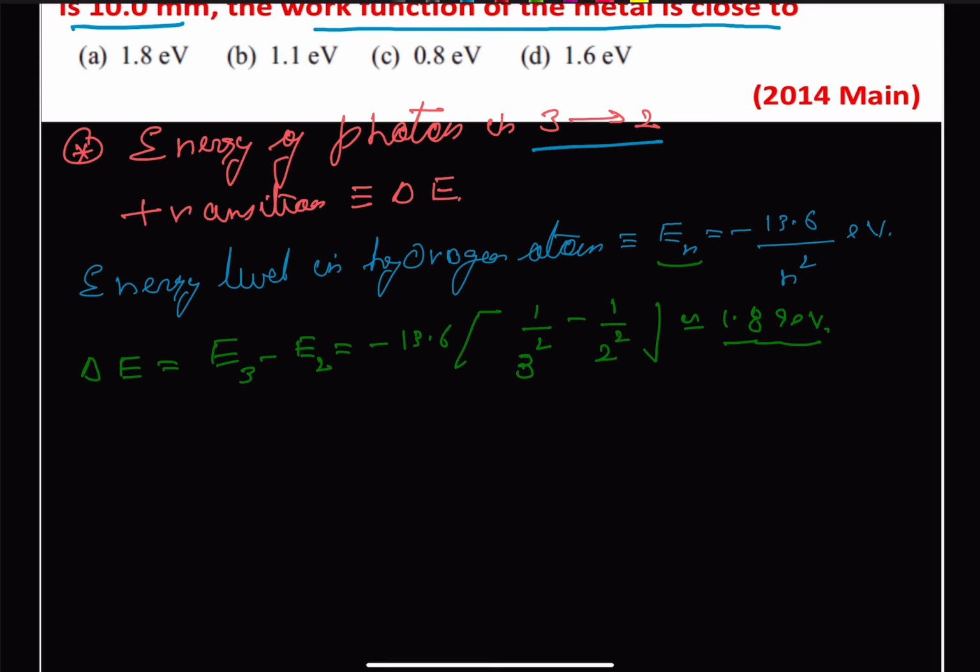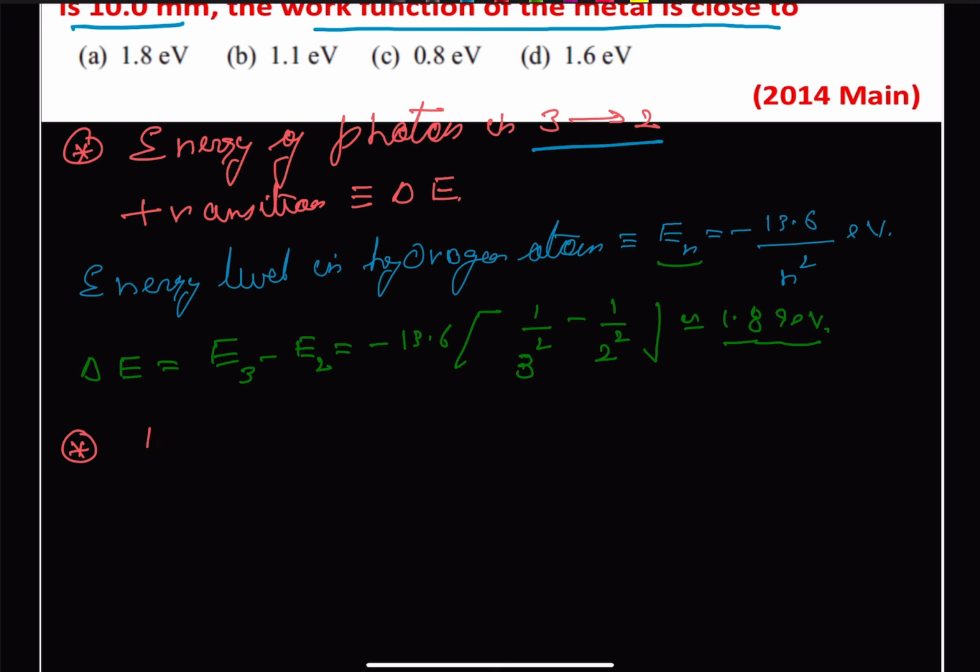As soon as the photoelectrons are emitted and they enter the magnetic field, they are going to follow a circular path. Let us say that the radius of that circular path is represented as r.